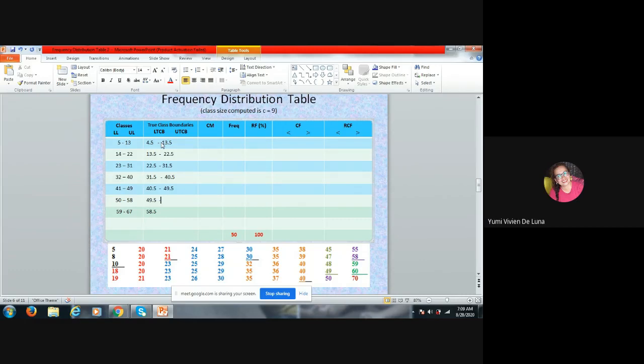And 58 plus 0.5 will give us 58.5. And 67 plus 0.5 will give us 67.5.